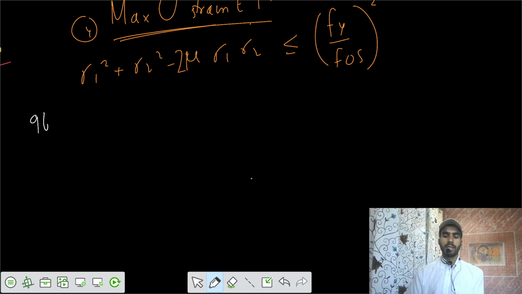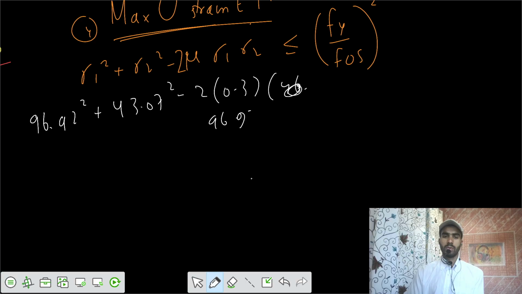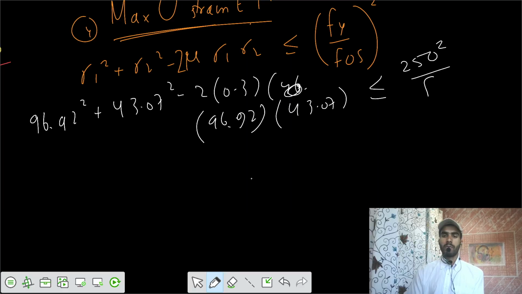You write 96.92 whole square plus 43.07 whole square minus 2 times 0.3 times 96.92 times 43.07, should be less than or equal to 250 square by factor of safety whole square. That means factor of safety is less than or equal to 2.67.